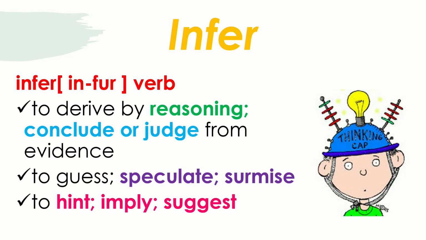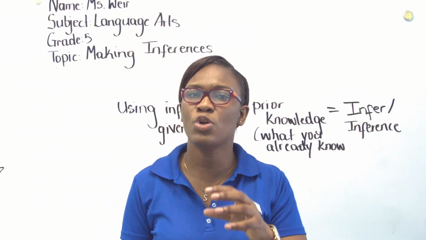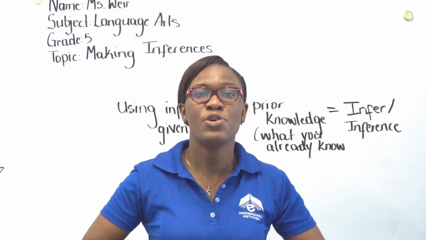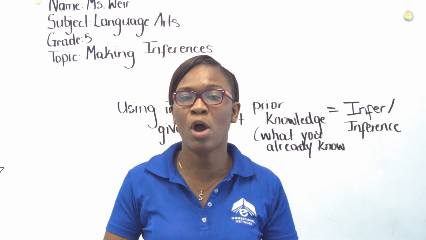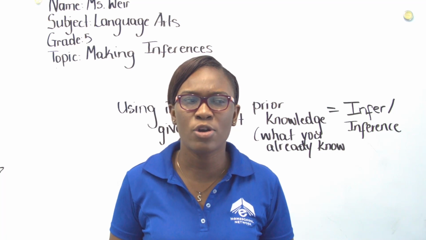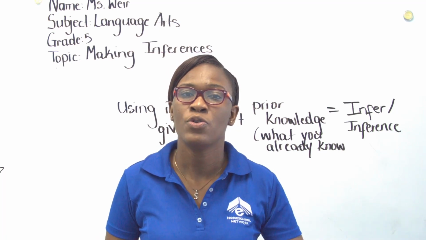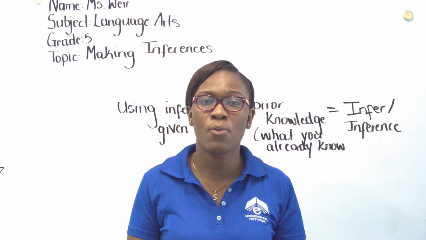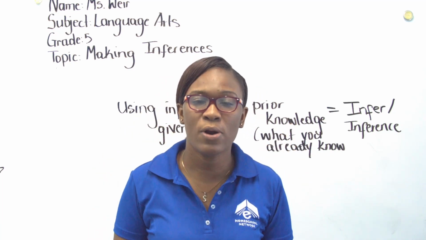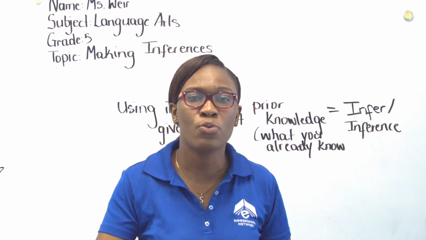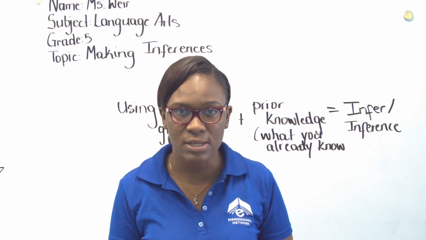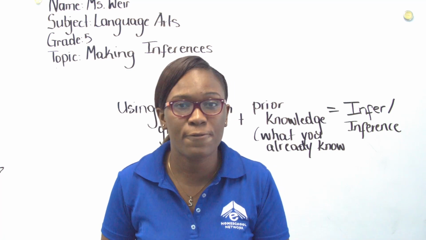All of these things are telling you that once you're inferring, you're drawing conclusions and making predictions, and you're not just doing it for its own sake. No, you have something to work with, and you use that information along with your prior knowledge and personal experience to conclude or to predict something, which is the same as inferencing.